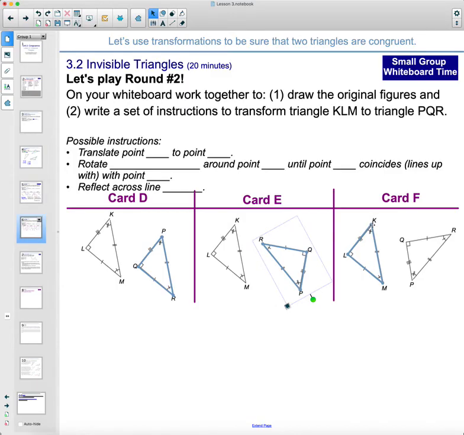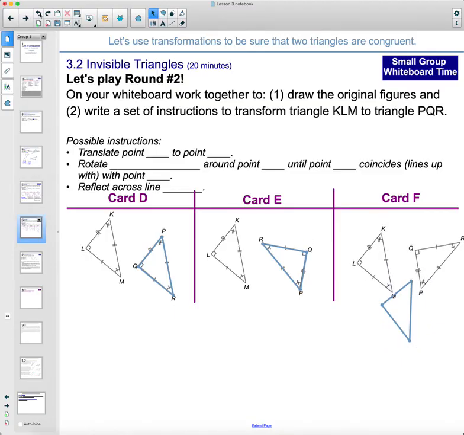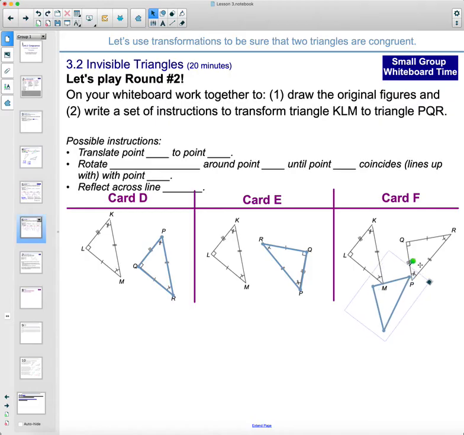This one, I'm going to translate K to P so that it fits on my screen. Okay, so K to P, and then I'm going to rotate L, this one's L, to Q. Okay, so I'm going to rotate around point P, so keep point P the same, until L lands on Q. Okay, and remember L is this right angle point right here.